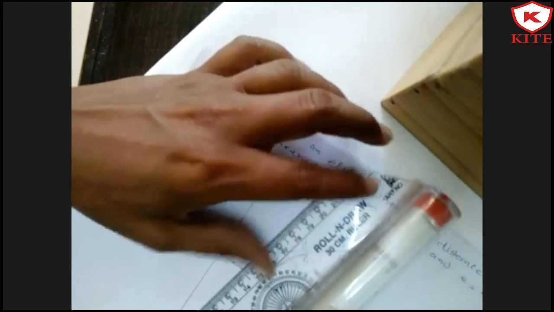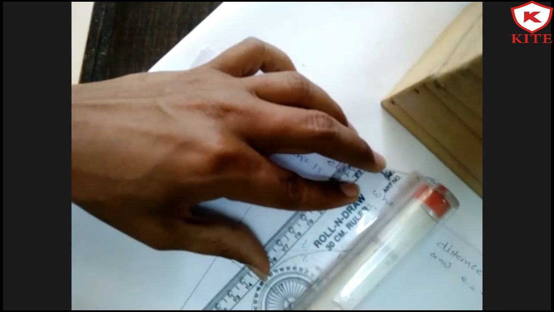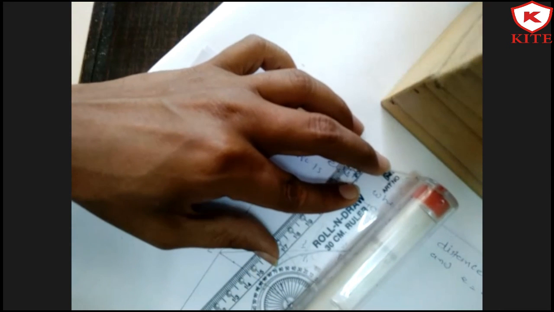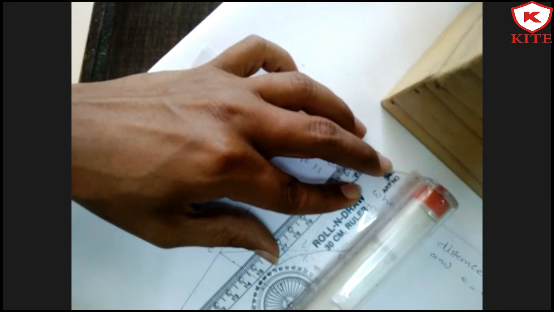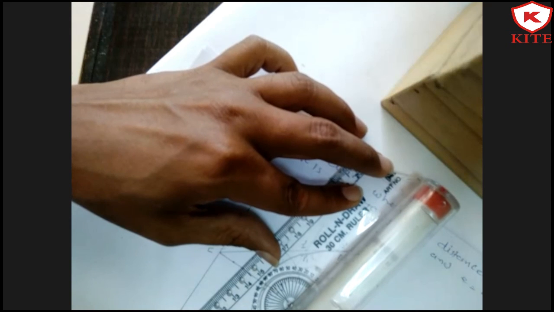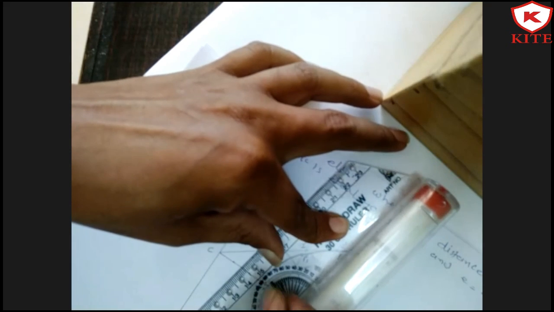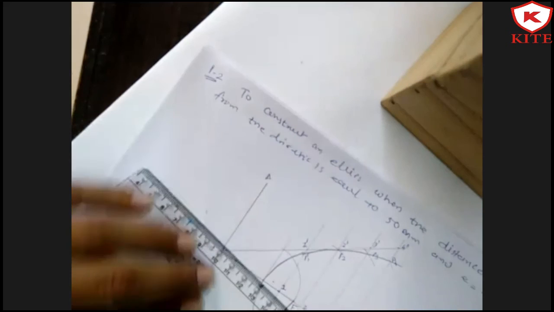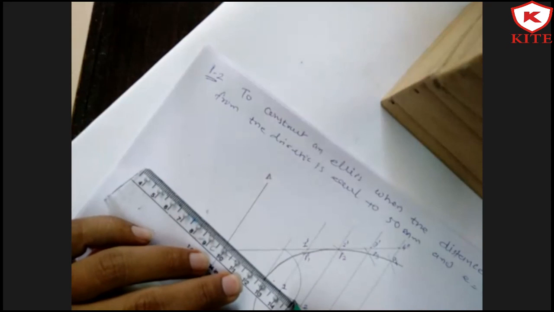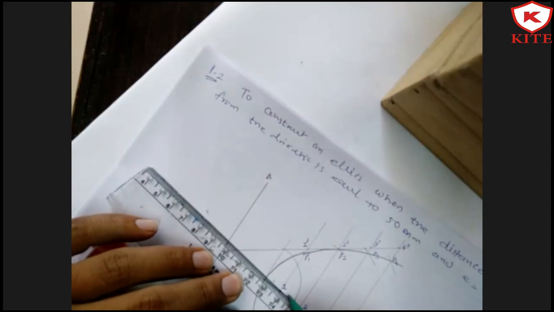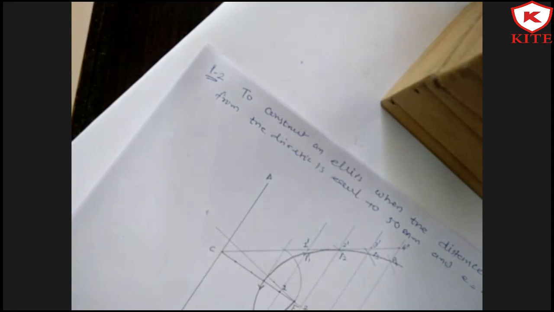Now draw a line which is perpendicular to the P to F, which is intersecting at the line AB.